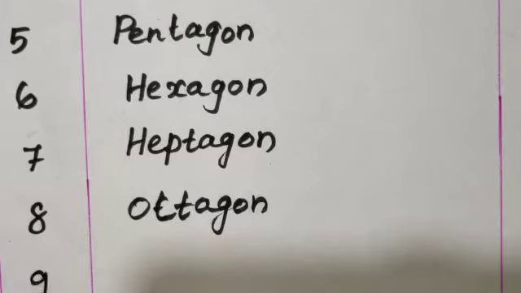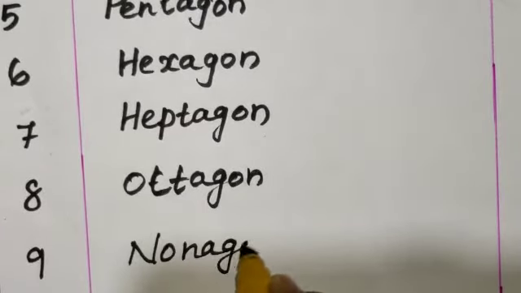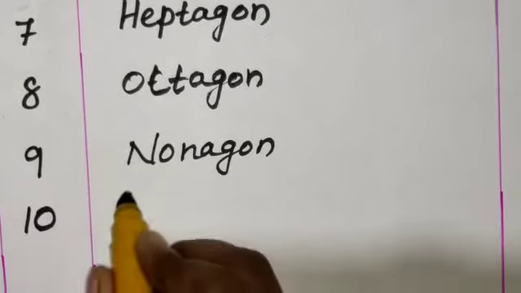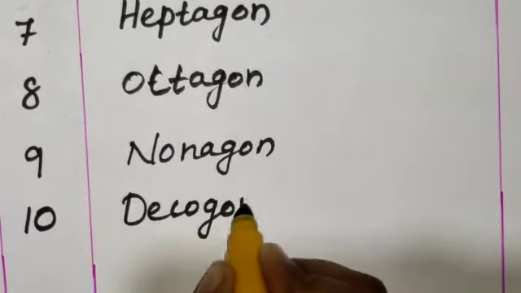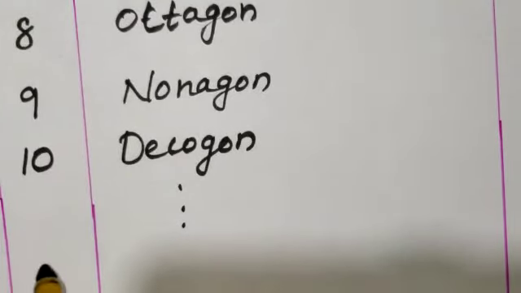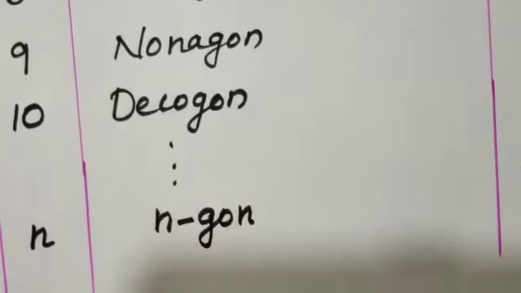If the number of sides is 9, it is a nonagon. And if the number of sides is 10, it is a decagon. And so on. If the number of sides is n, it is called an n-gon. You can refer to page number 38 in your textbook. You can see the pictures also.